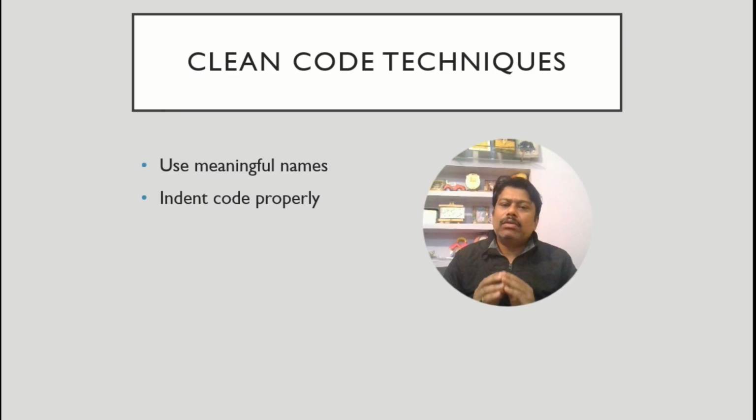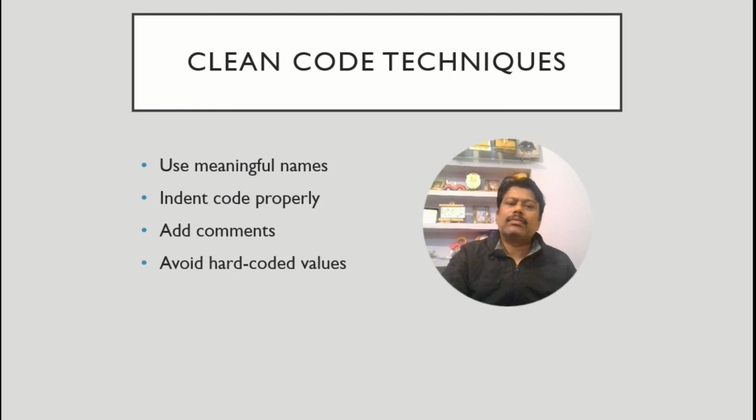And all the variables should be named properly, indenting code properly, add comments wherever necessary, information to be shared with the user. Avoid hard coded values. Hard coded values means large and not informative. That is hard coded values actually.